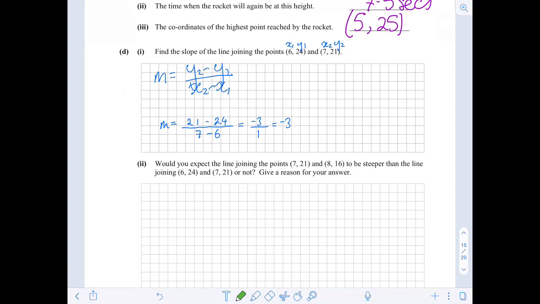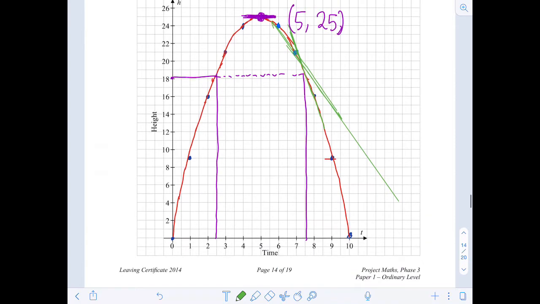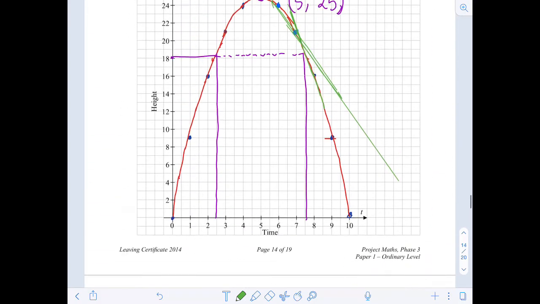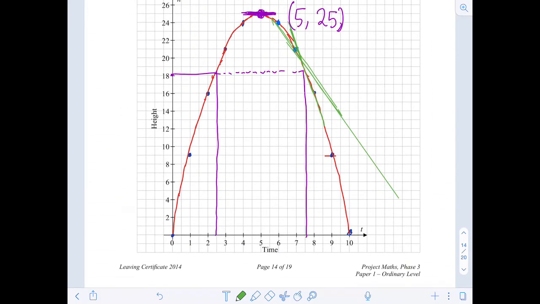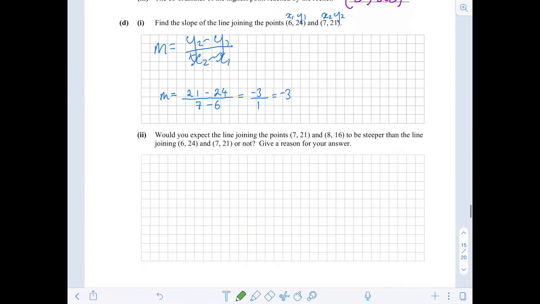Well, I would expect this line here to be the steeper line, right? So we're going to choose 7, 21 to 8, 16.